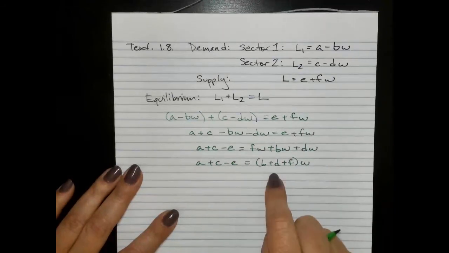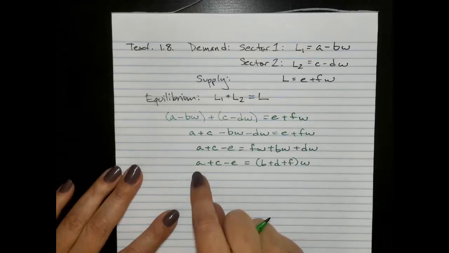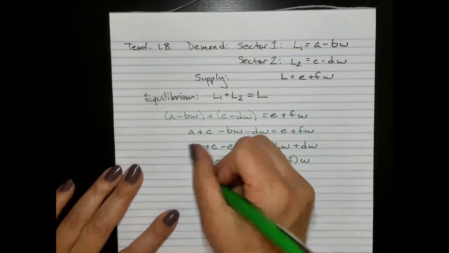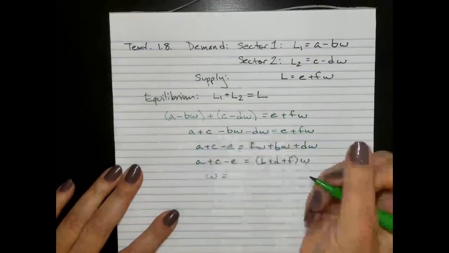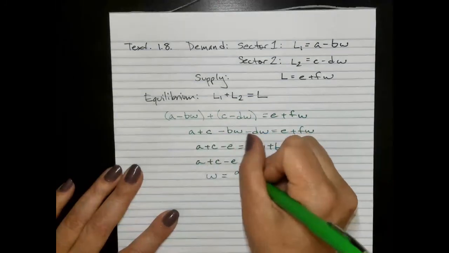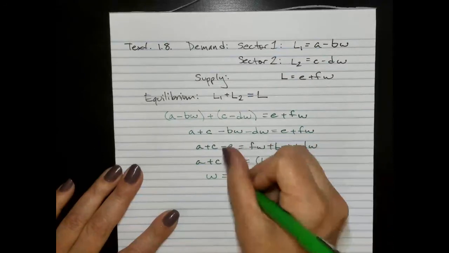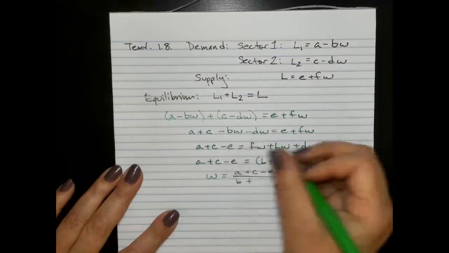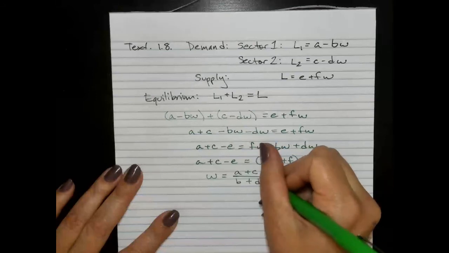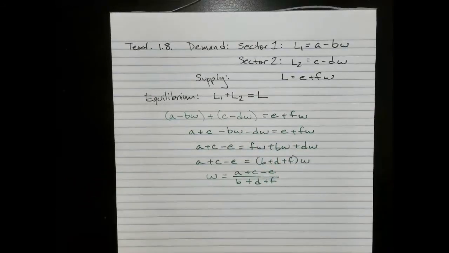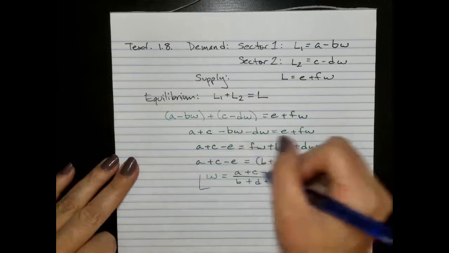And now I can divide these constants from both sides, and I'll end up with wage is equal to A plus C minus E over B plus D plus F. So that's our first equilibrium wage. That is the wage at which this market is in equilibrium.